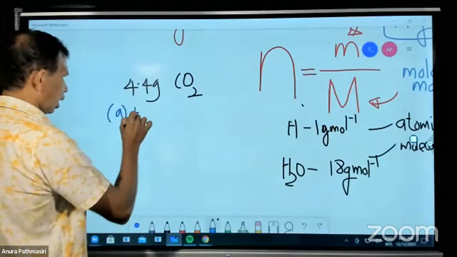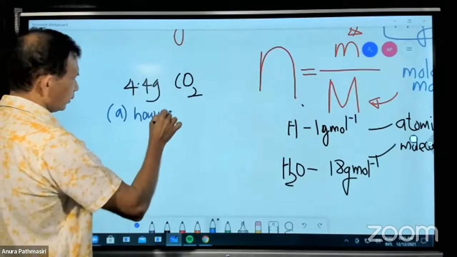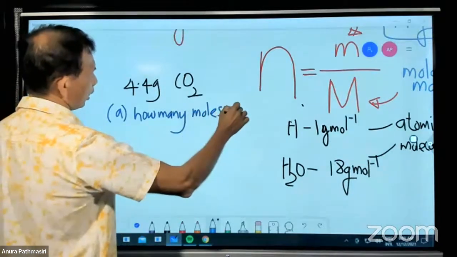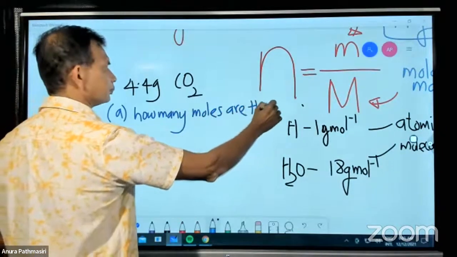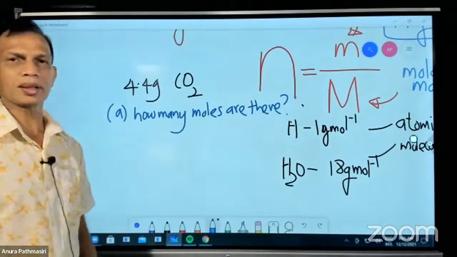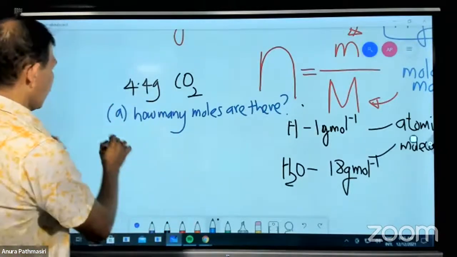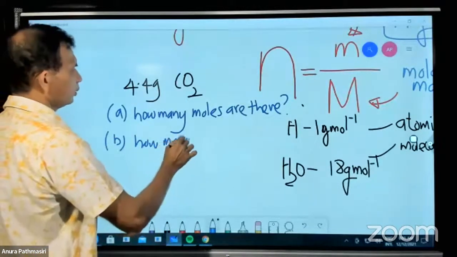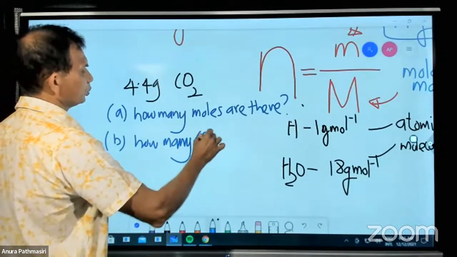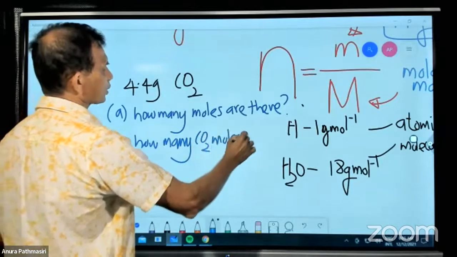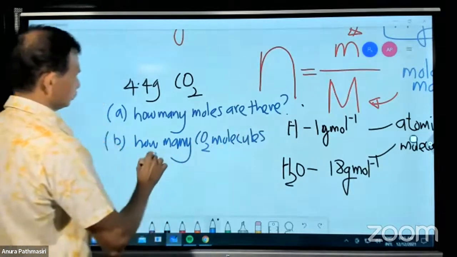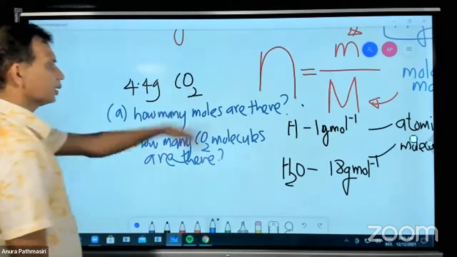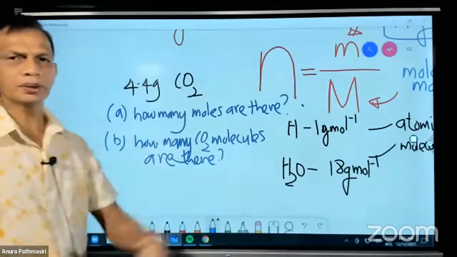One, how many moles are there? Two, how many CO2 molecules are there? ඔන්න ප්‍රශ්න දෙක. මේකෙන් අහන්න පුළුවන් ප්‍රශ්න දෙකක්.